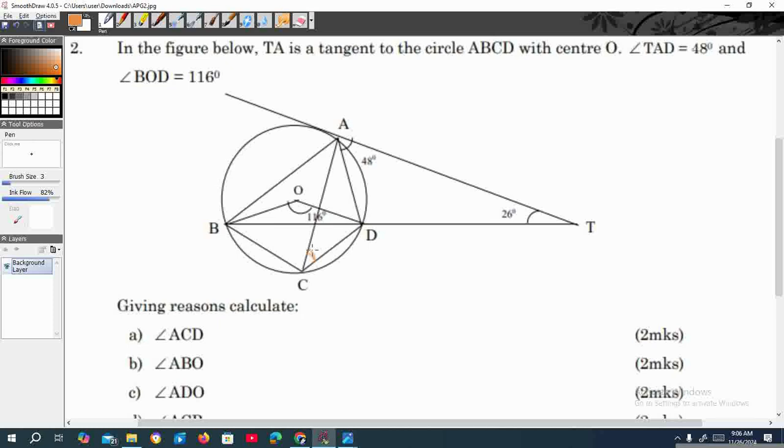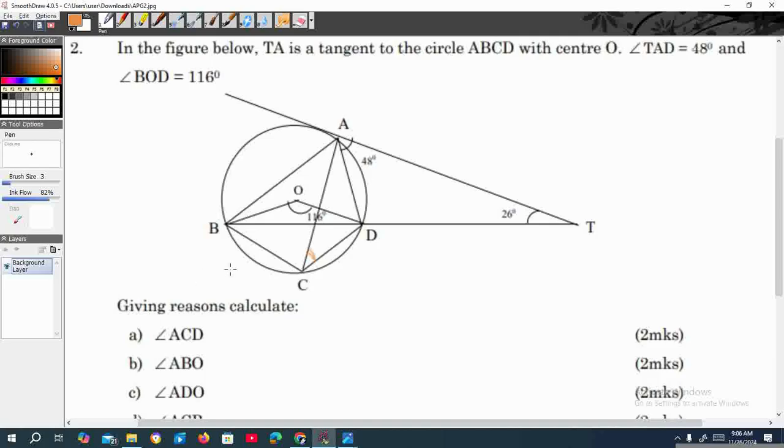To get angle ACD, we need to find some other angles that can lead us to it. Like we can get this angle OBD.